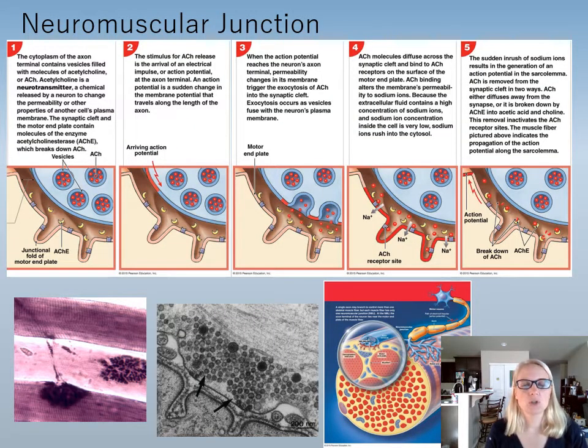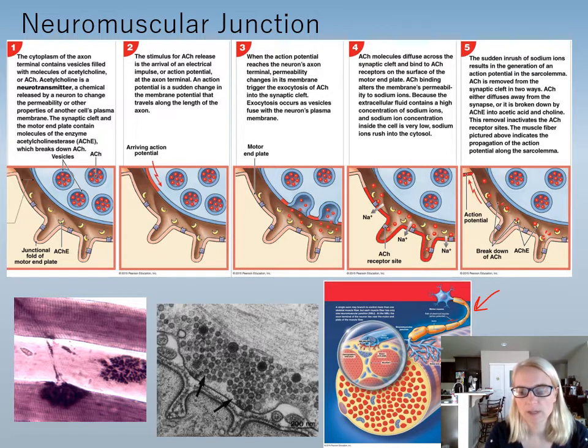Okay, so the overview picture that we're going to start with is this one right above, right by my head here. So imagine you have a motor neuron, probably located in your spinal cord if it's controlling your arms and legs, or I guess in your brain if it's controlling your face. So you have a motor neuron, and its job is to stimulate a muscle cell.